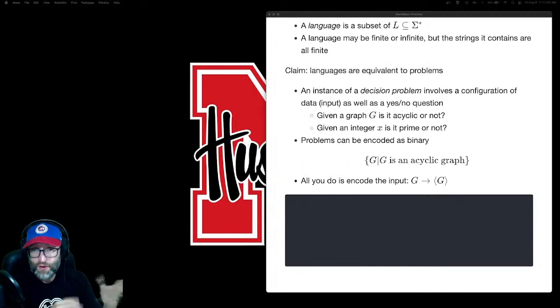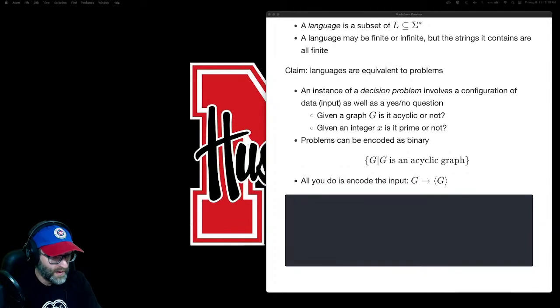That adjacency matrix is just a bunch of zeros and ones, right? All you need to do is encode that it has n vertices, and here are each one of these vertices. You did that with respect to your input values. You did it in a plain text file. Now that plain text file was over a different alphabet, right? The numbers, spaces, newline characters, etc. But at the end of the day, it is encoded in ASCII, and that's one valid encoding. So I'm just going to denote that with this angle-bracket symbol, okay?